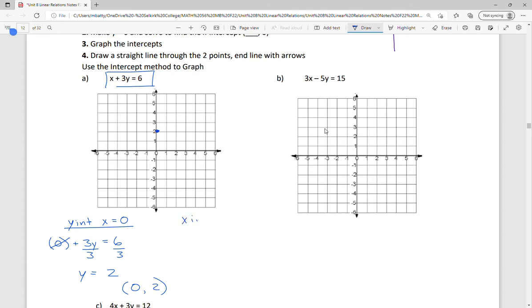My x-intercept, the rule is make y equal to 0. So I write out the equation, subbing in a 0 where I see that y. It means that x equals 6. So again, I've got another ordered pair here that is on the line.